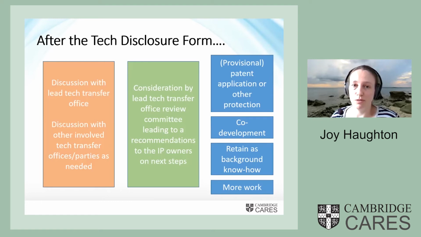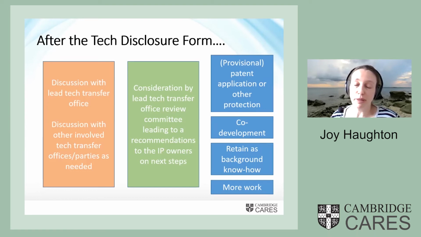So in blue there, they might recommend that a provisional patent application, or indeed a full patent application if it's very well developed, or another form of protection is applied for. They might recommend co-development. For example, if you have an industry grant, this might be something that's co-developed together with the industry.